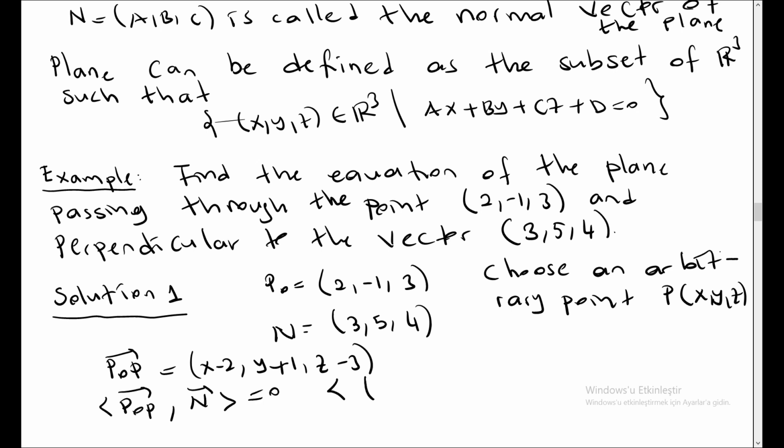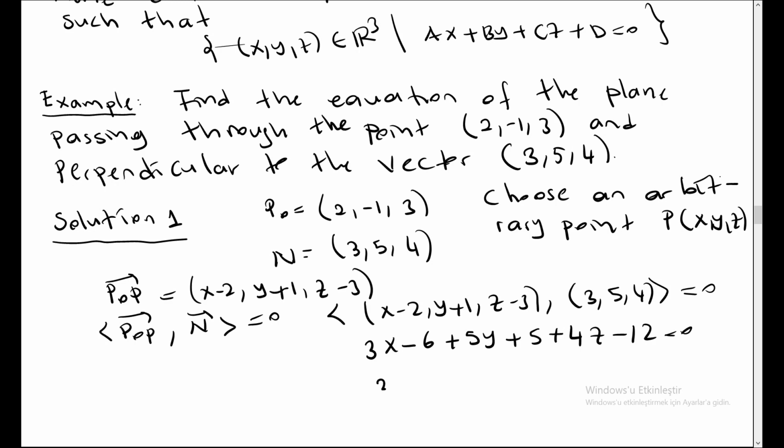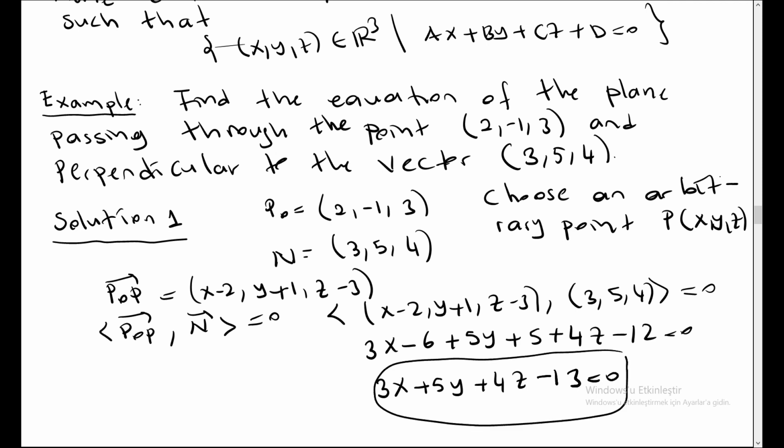So if you write these vectors here, you have 3 times (x minus 2) plus 5 times (y plus 1) plus 4 times (z minus 3) equals 0. If you arrange this equation, 3x plus 5y plus 4z, negative 6 plus 5 minus 12, negative 13. So this is the plane we were looking for.